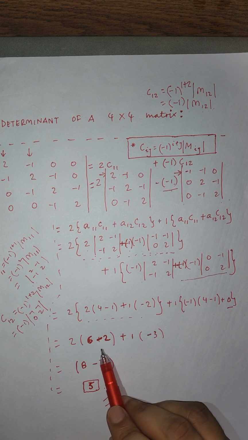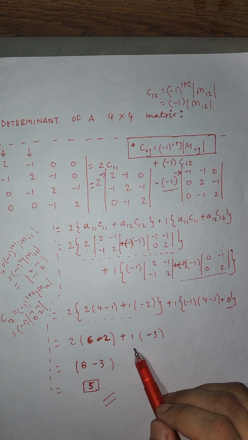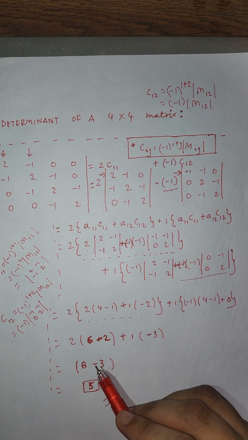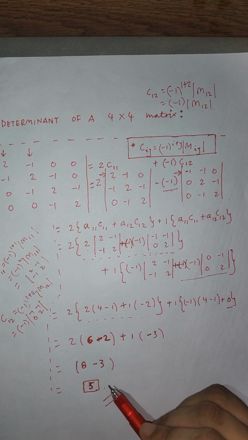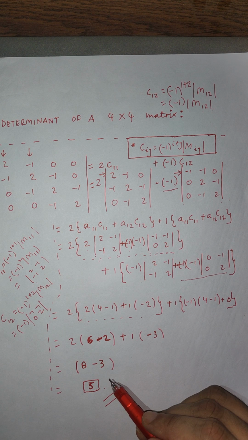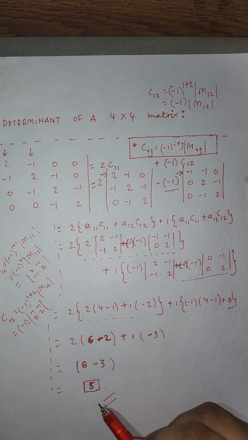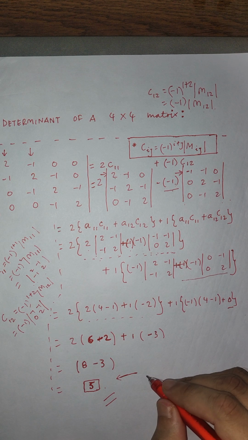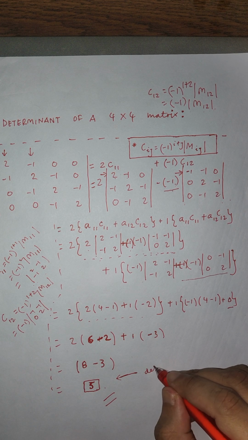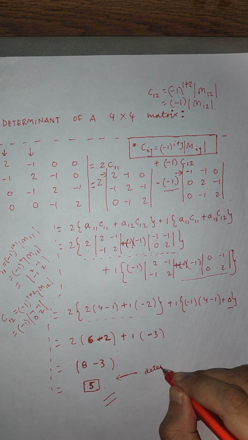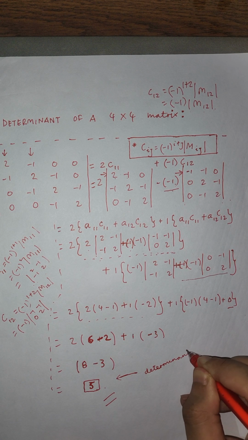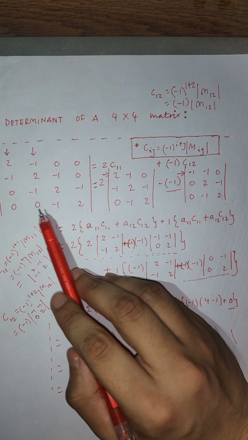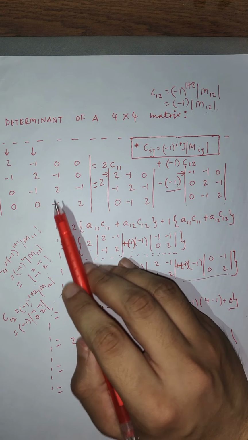So 2 times 4 is 8, and from this we get negative 3. So 8 minus 3 gives us 5, and 5 is the determinant of this 4 by 4 matrix.